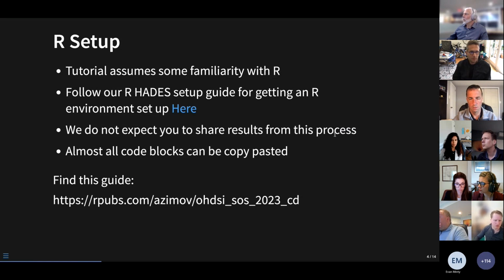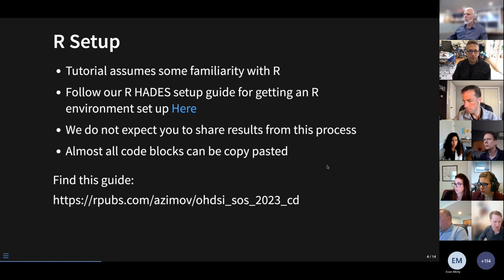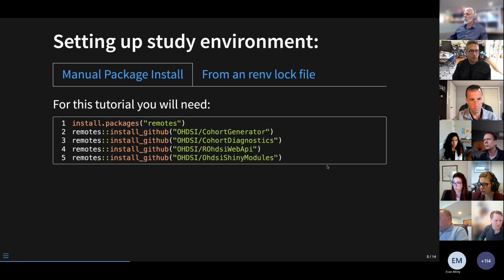And as I said before, almost all code blocks in this tutorial can be copy and pasted. We'll share the link to this guide later, but it's here if you want to type it in manually. Then you'll want to set up your packages for running cohort diagnostics. This is straightforward. You just need to install the remotes package and then install CohortGenerator and CohortDiagnostics.